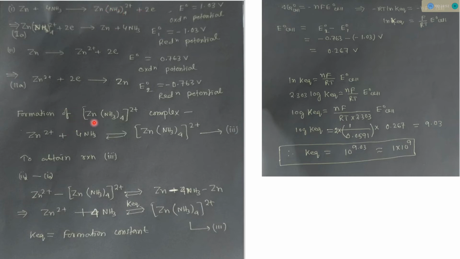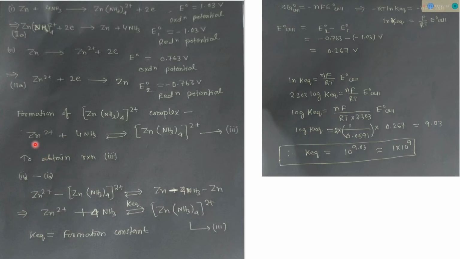The formation reaction of the Zn(NH3)4 2+ complex is this reaction. These are just half cell reactions. So Zn2+ plus 4NH3 becomes Zn(NH3)4 2+. This is the formation reaction of this complex, not that one. That is just a half cell reaction or oxidation reaction.